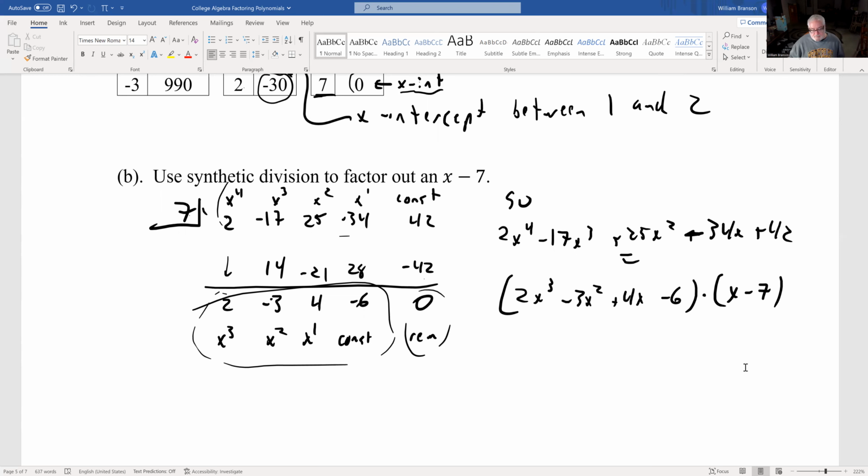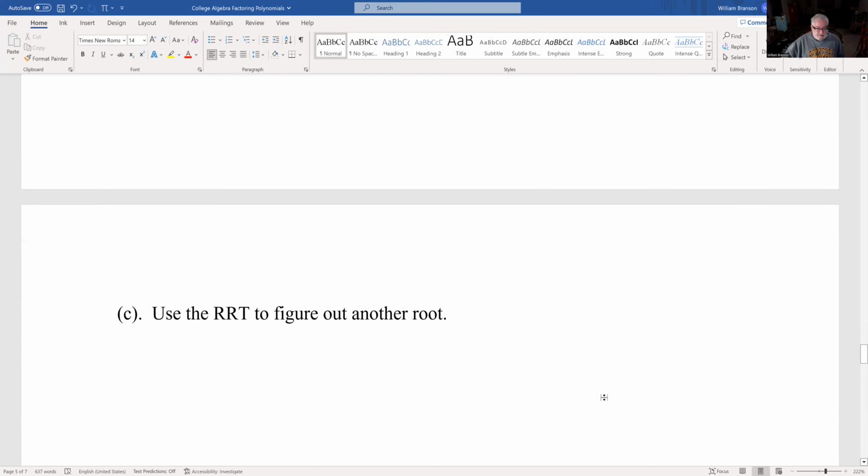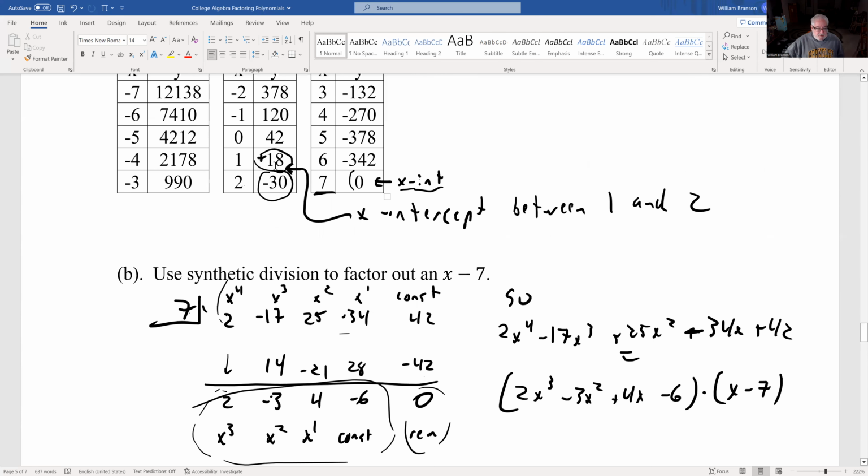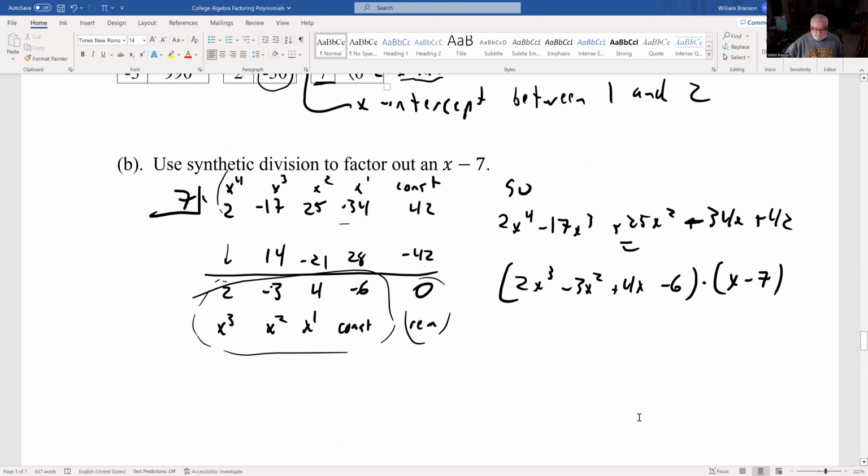So now we have a cubic. What can we do with that? Well, we know that there is a root between 1 and 2.